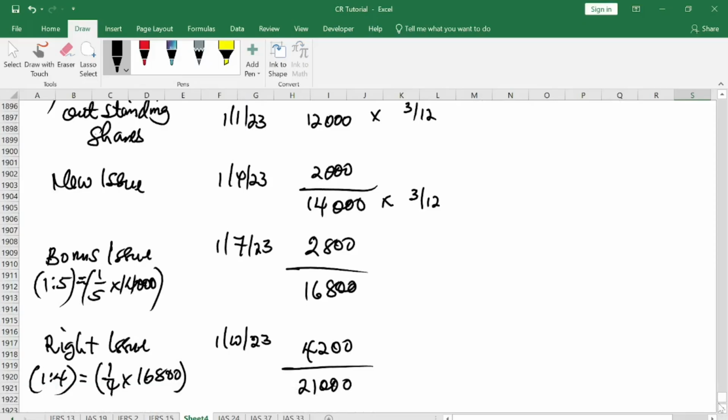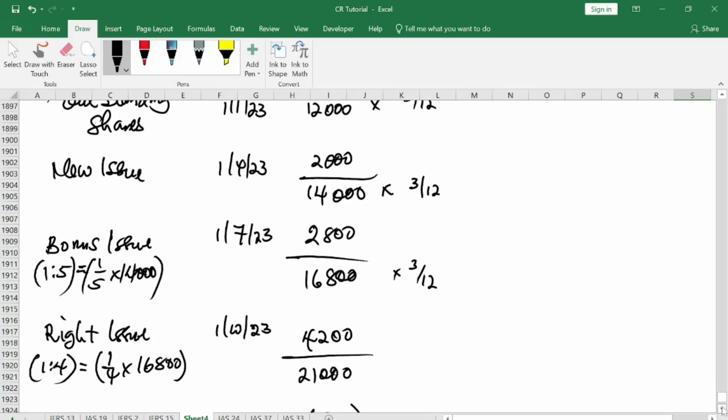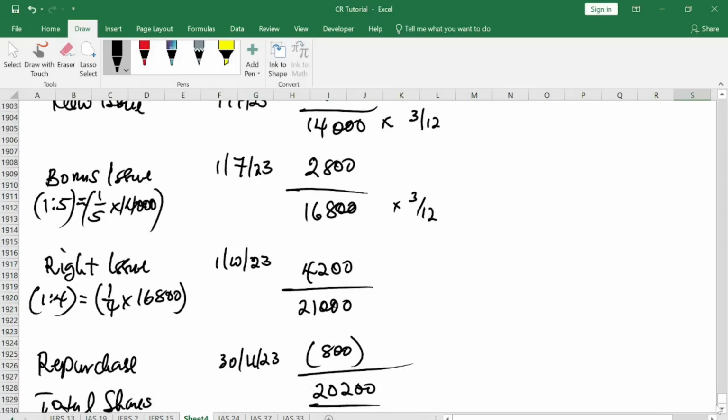From July to October is how many months? July, August, September is also 3 months. So this outstanding was also 3/12. Then lastly, from October to December, but there is a cancellation in November.